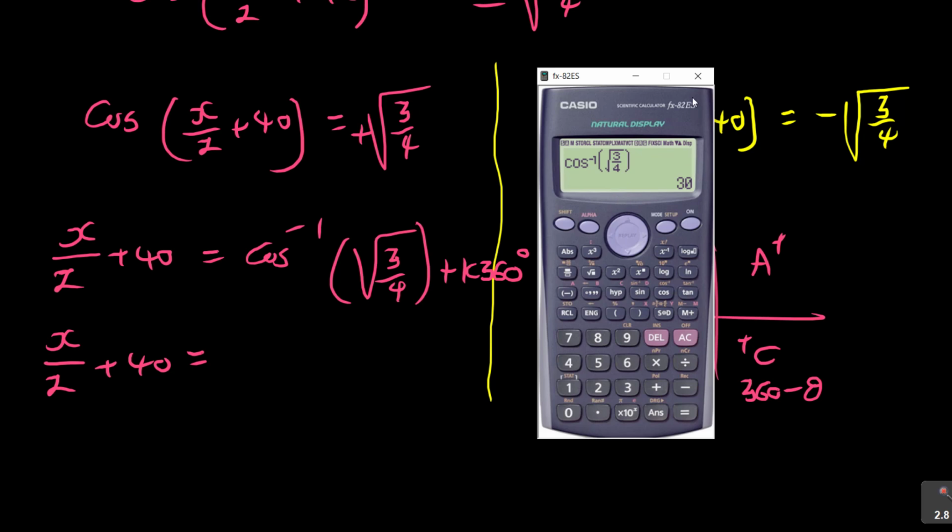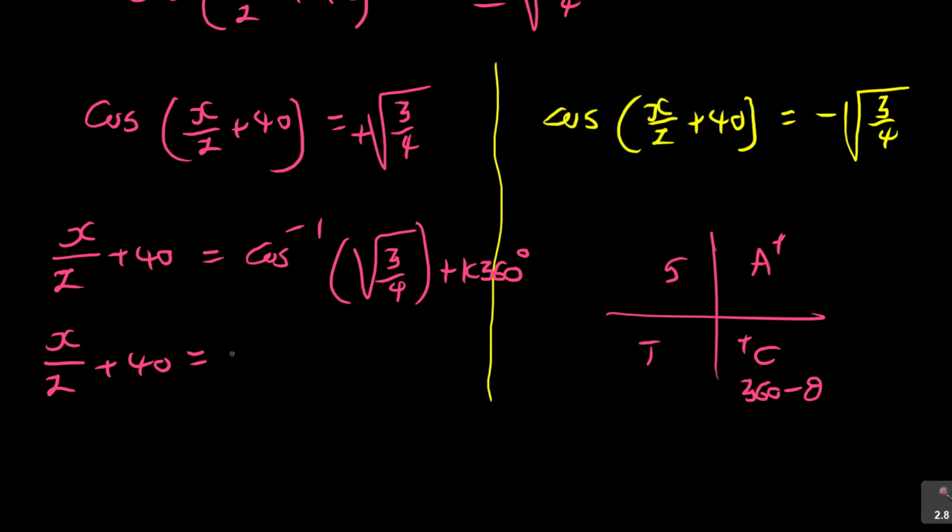You see, it's 30 degrees. So I'm going to say here 30 degrees plus k 360 degrees.